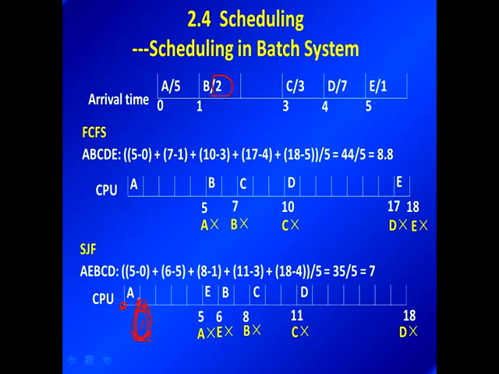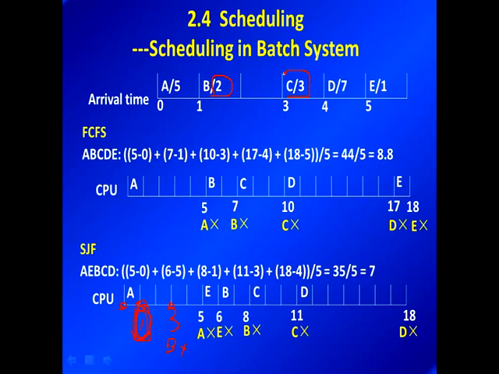After 2 minutes, at time 3, B finishes all its job and exits. At this time there is another new job arriving at the system, which is job C.